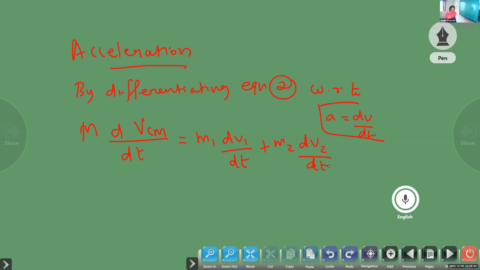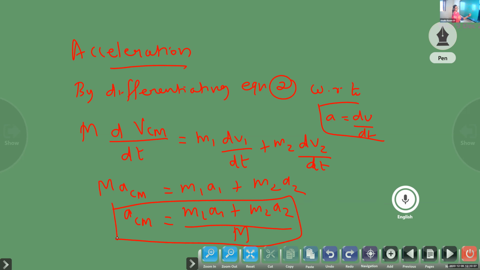That's equal to M A_CM is equal to M1 A1 plus M2 A2. Therefore, the acceleration of the system is A_CM equal to M1 A1 plus M2 A2 divided by capital M. You can write that as equation 3. This equation is needed for you to study.